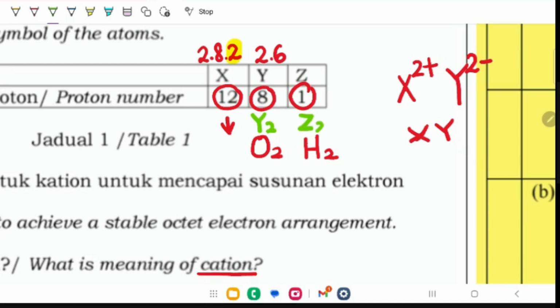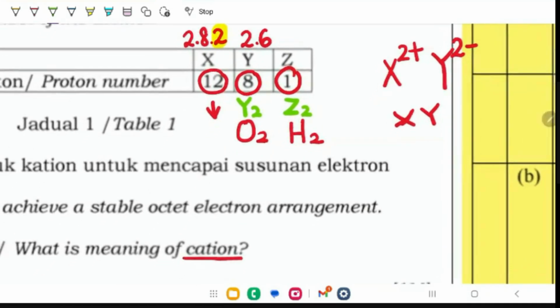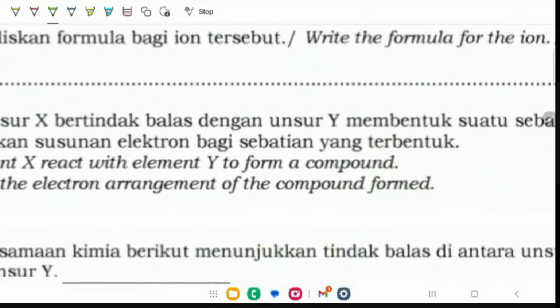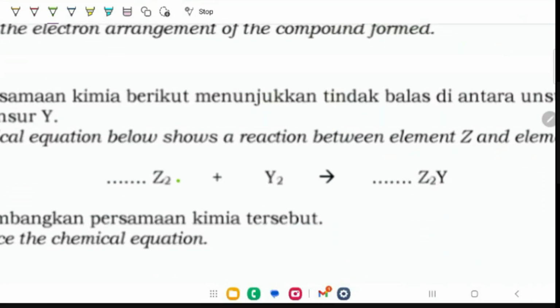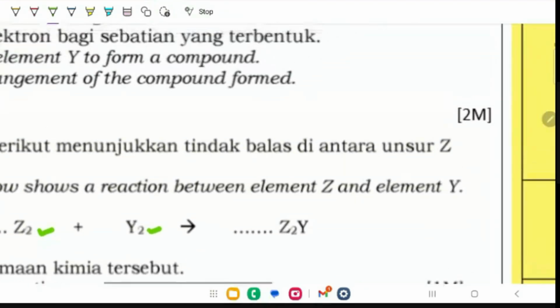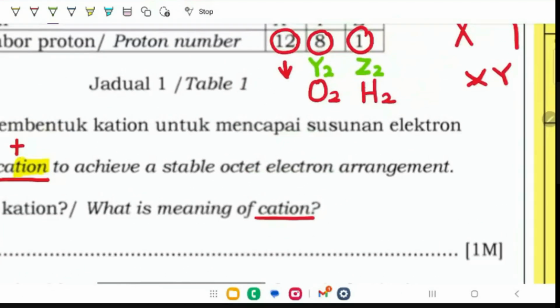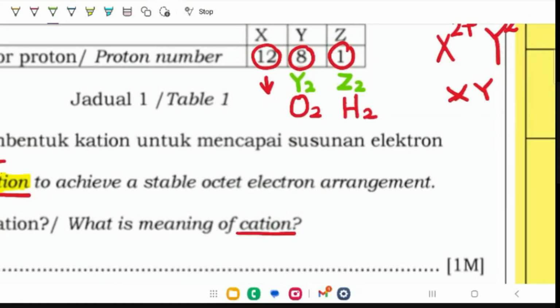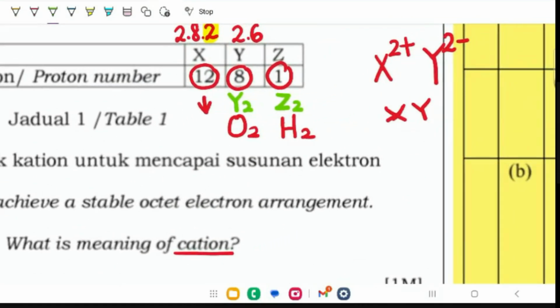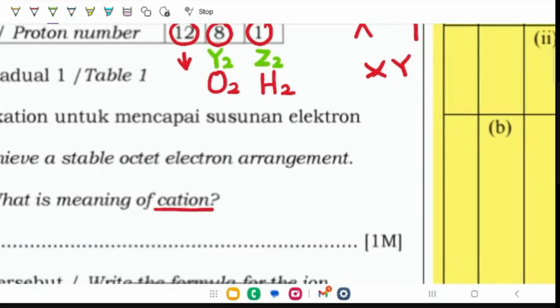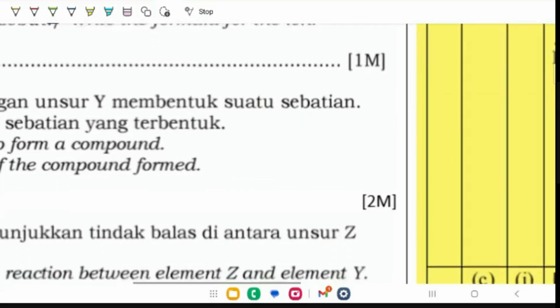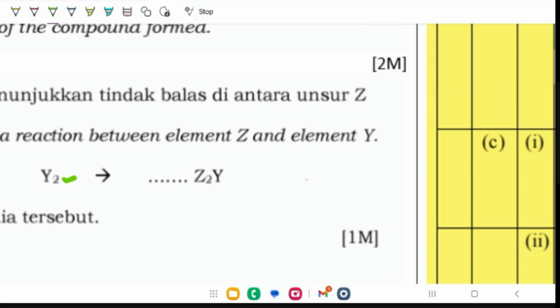Actually the same thing. So Z2, Y2, then become Z2Y. Why Z2Y, class? H2O. Share the electrons. Okay, Y is 2,6, correct?